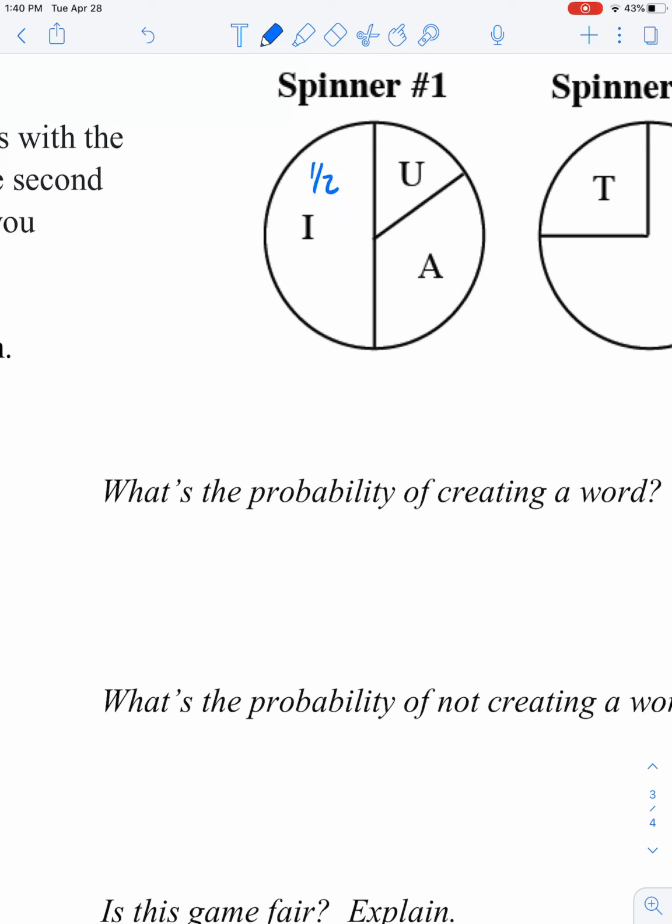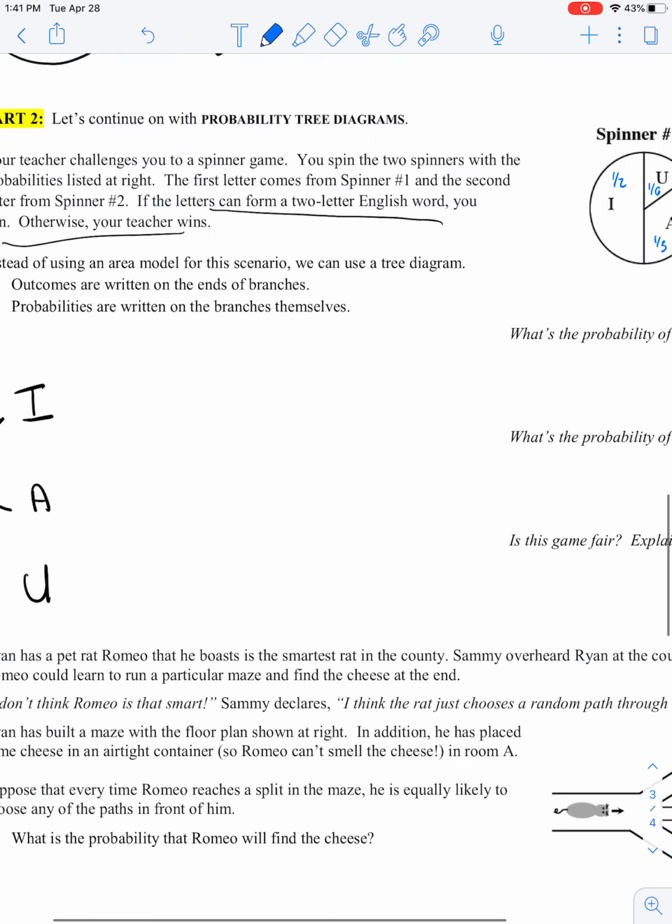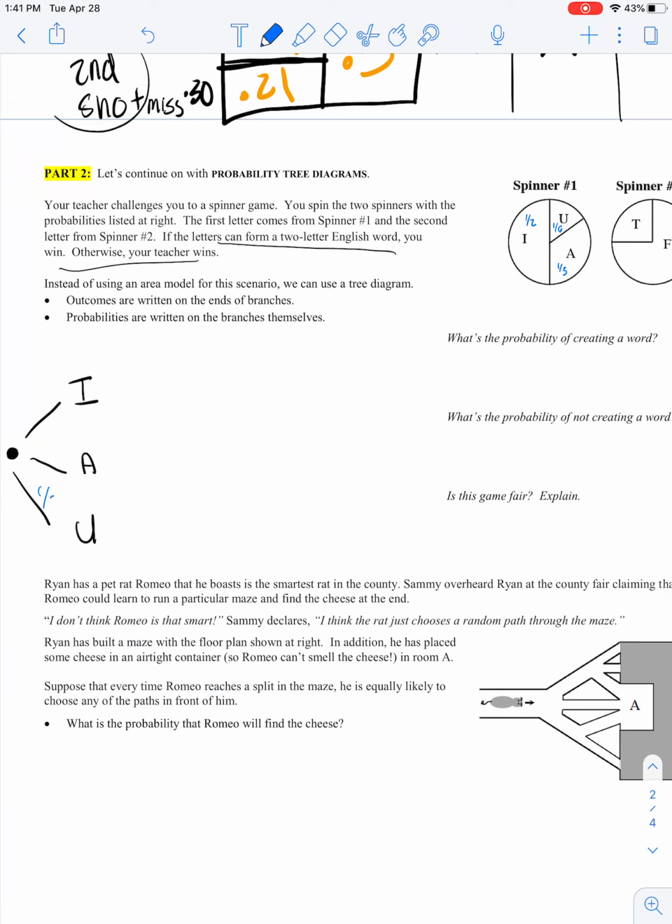So I is half of the spinner, so that has a 1/2 chance. We have a 1/3 chance of spinning an A and a 1/6 chance of spinning a U. So we're going to add those to the branches of our tree diagram.